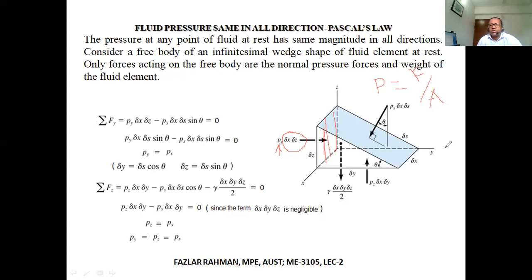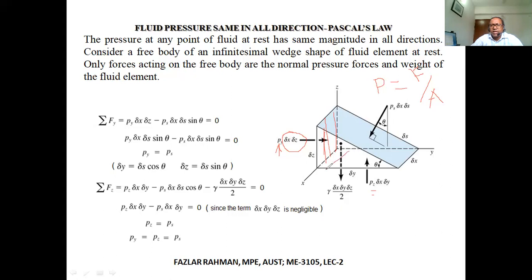And now if you look at the bottom, pressure force is working upward. This pressure we are saying is Py, and that means this one is not the same. Along the y-axis, the magnitude of pressure is Py, and along the z-axis, the magnitude of pressure is Pz. This Pz is working upward, perpendicular to the surface, into the surface, not outward.